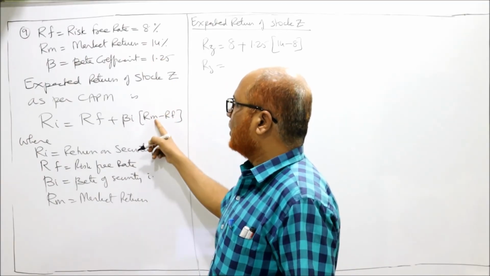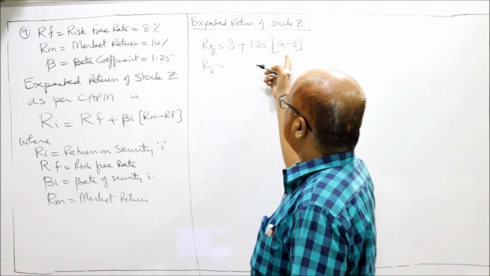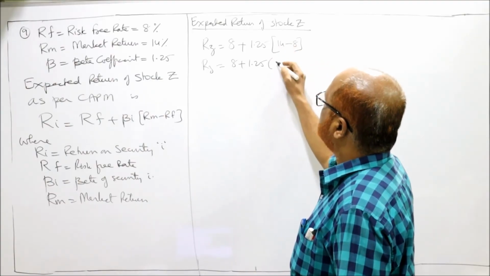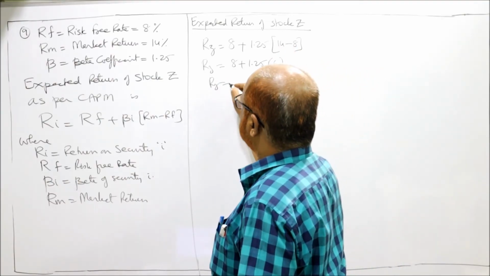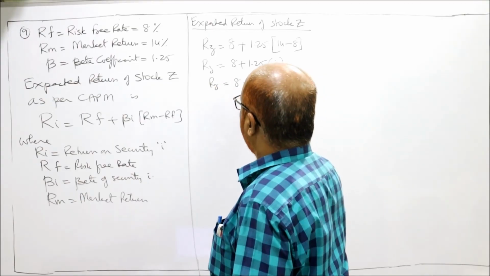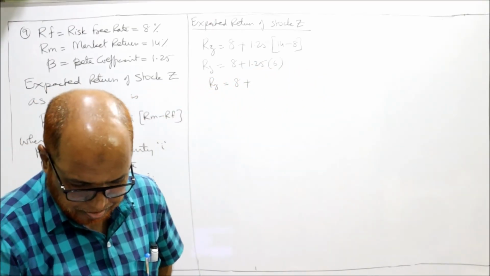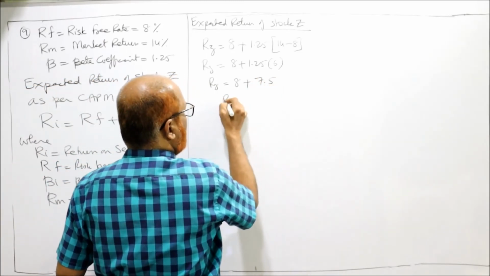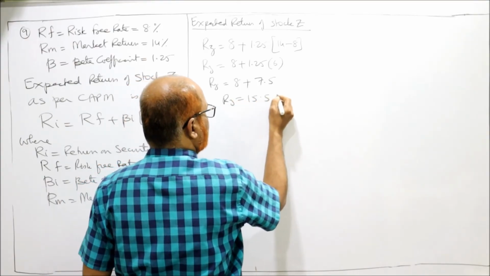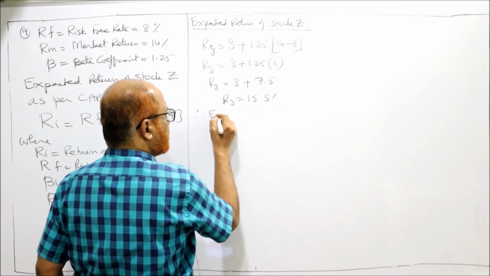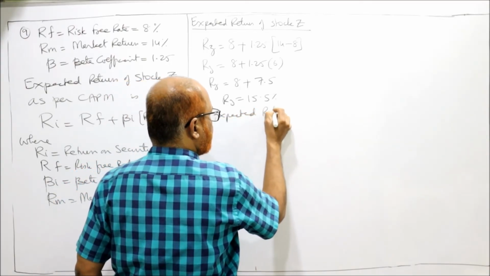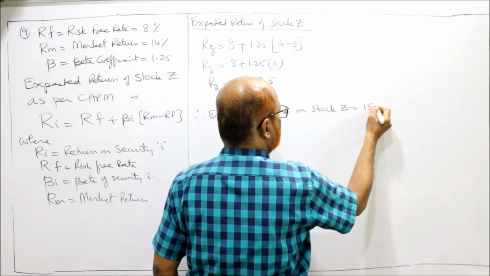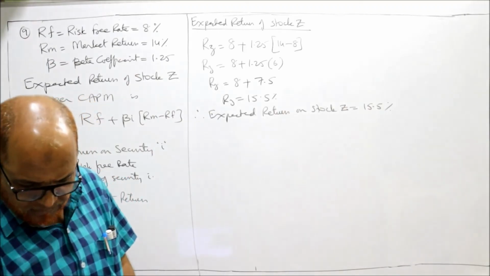RM का मतलब मार्केट रिटर्न 14%, फिर RF का मतलब 8%. सब्स्टिट्यूट कर दो तो 8 plus 1.25 into 14 minus 8 is 6. तो RZ is equal to 8 plus 7.5. RZ is equal to 15.5%. Therefore, expected return on stock Z is equal to 15.5%.